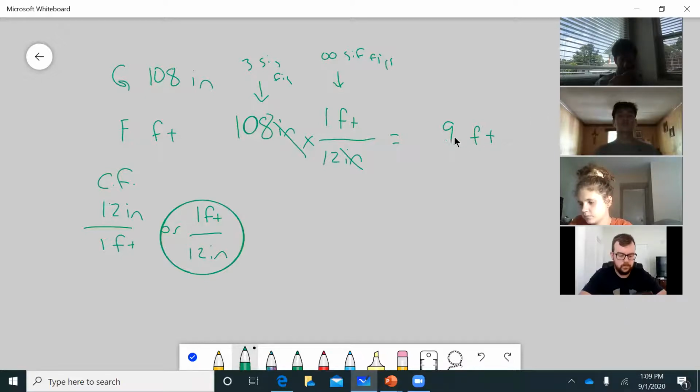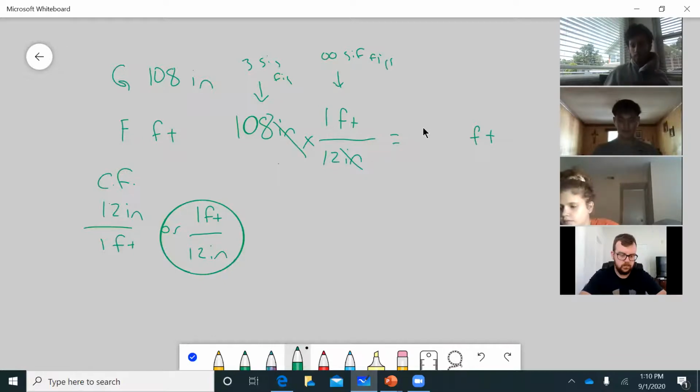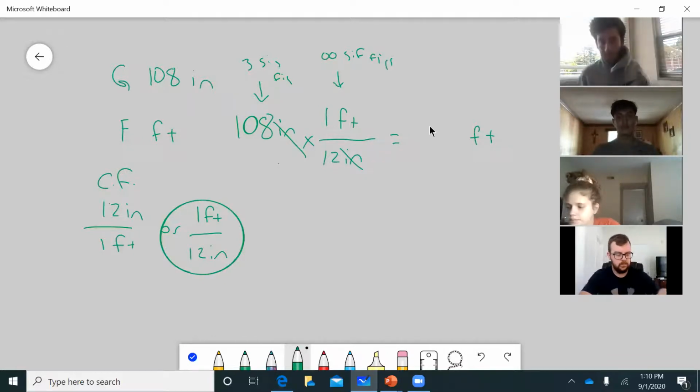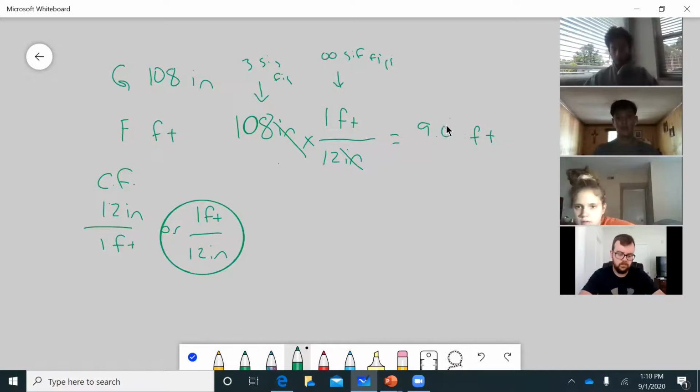You're going to want to go with the given information. So if this is 3 sig figs, my final answer is only showing 1 sig fig. I need to write this in a way that it has 3 sig figs. How do I write 9 with 3 sig figs? 9.00. I give it 2 more pieces of significance.